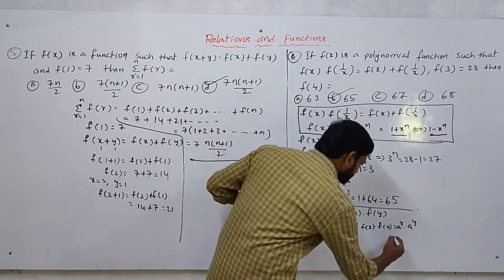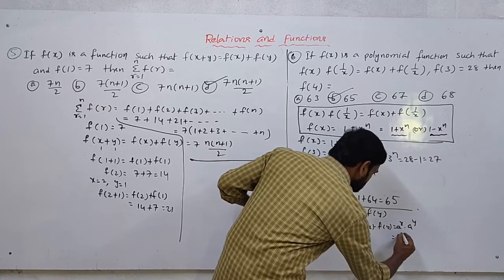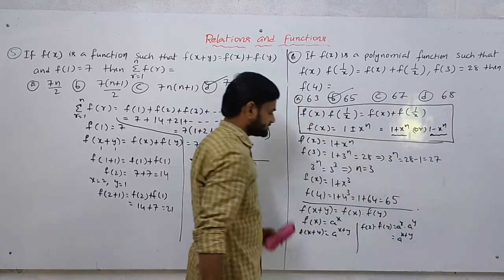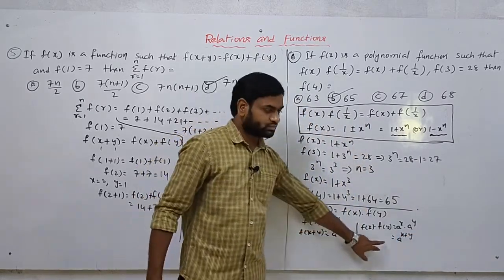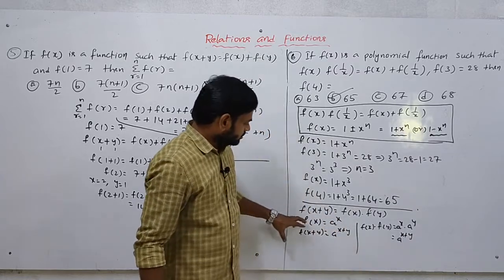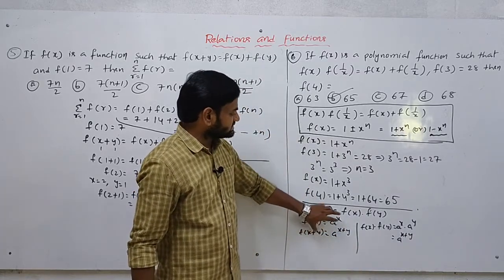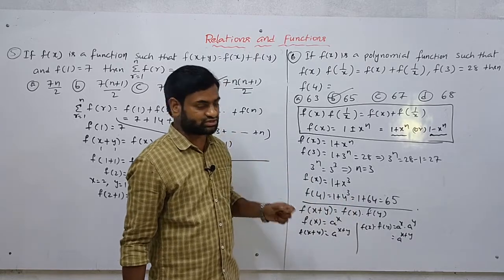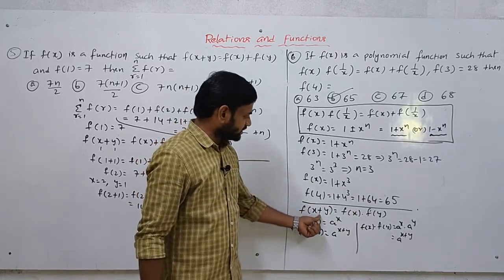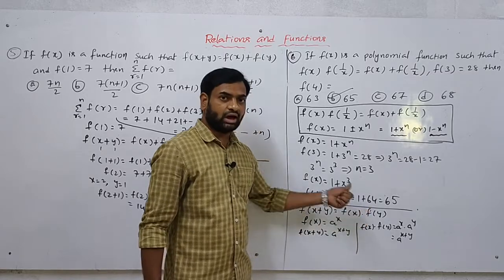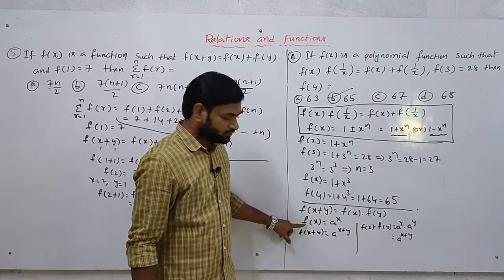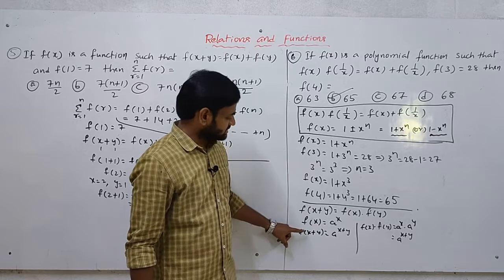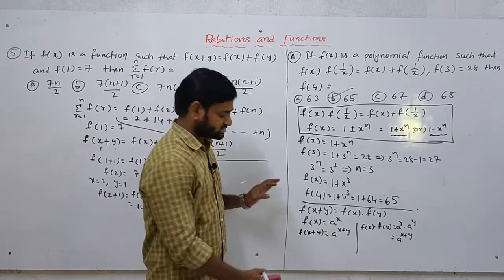So base is same, we can add the powers. That is a power x plus y. Both are same. So f of x equal to a power x satisfies this condition. That means when you see this condition, f of x plus y equal to f of x into f of y, automatically you have to choose the function f of x equal to a power x. That is fixed.